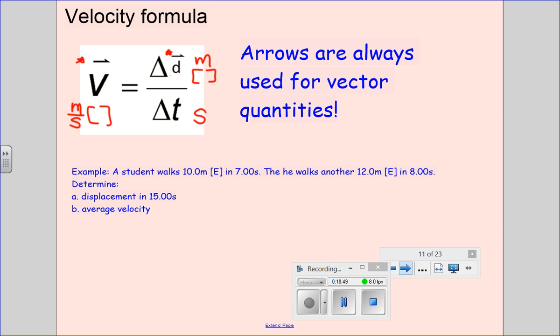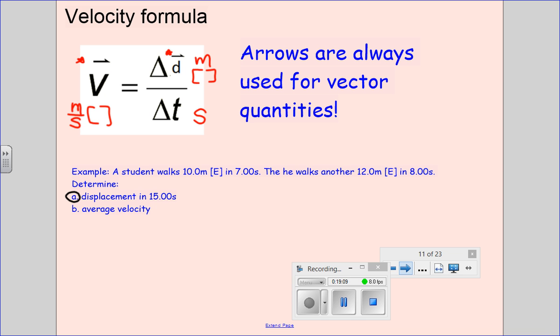So I'll show you an example question where you would use this formula. In the example, and this would be typical of most examples where we're calculating velocity, the first thing you're probably going to have to do is to figure out the displacement.